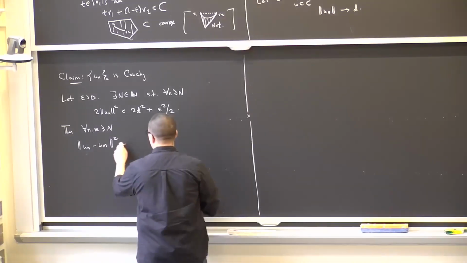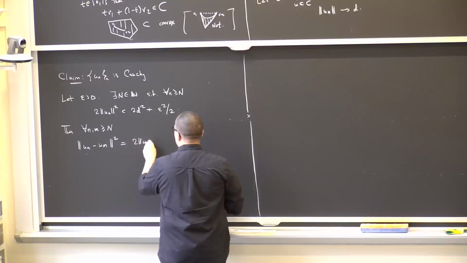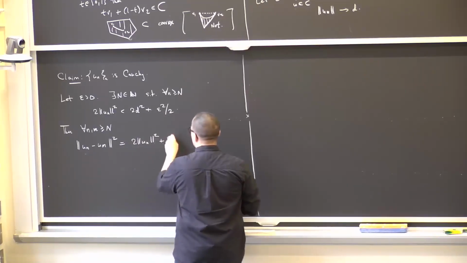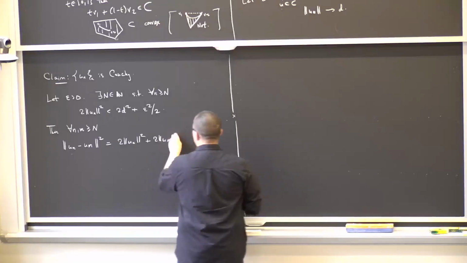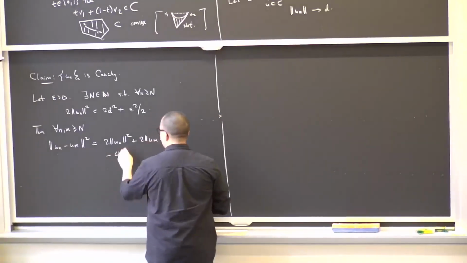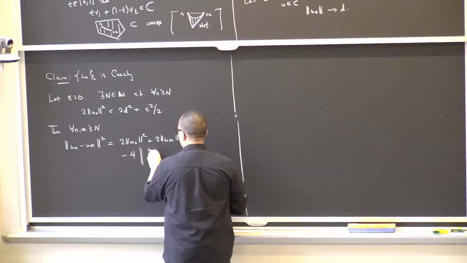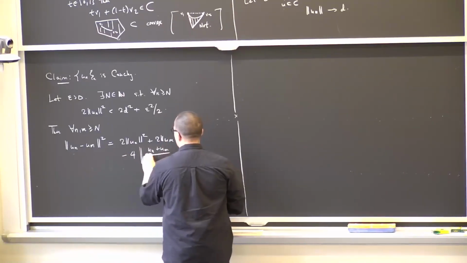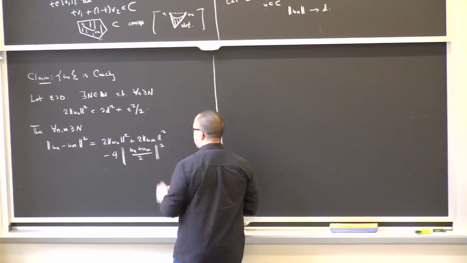So this I can write as 2 norm un squared plus 2 norm um squared minus 4 times the norm of (un plus um)/2 squared.